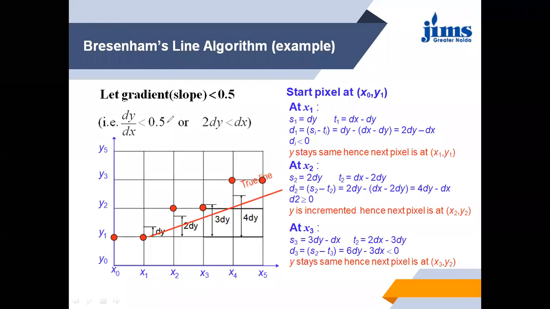I am taking a line whose slope is less than 0.5, which means m is less than 1, that is, the angle of the line is less than 45 degrees.